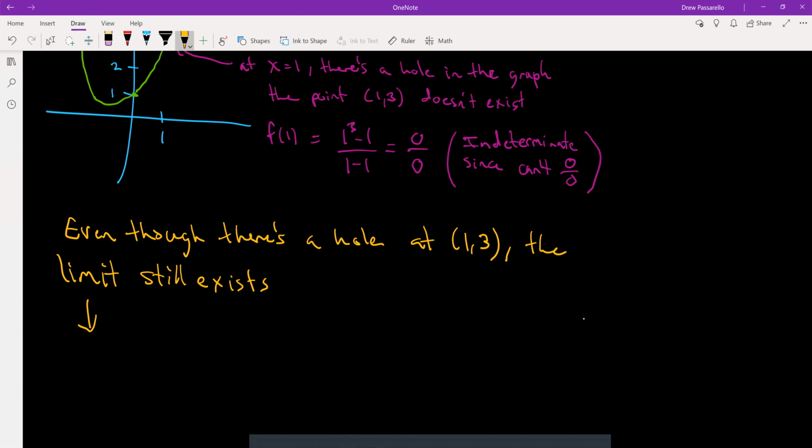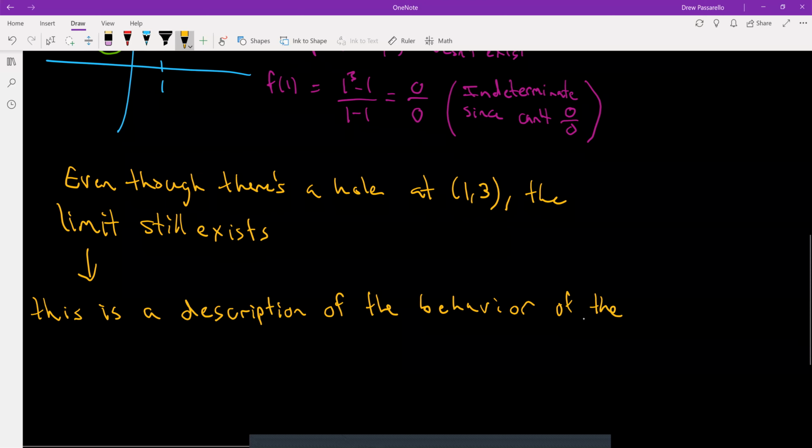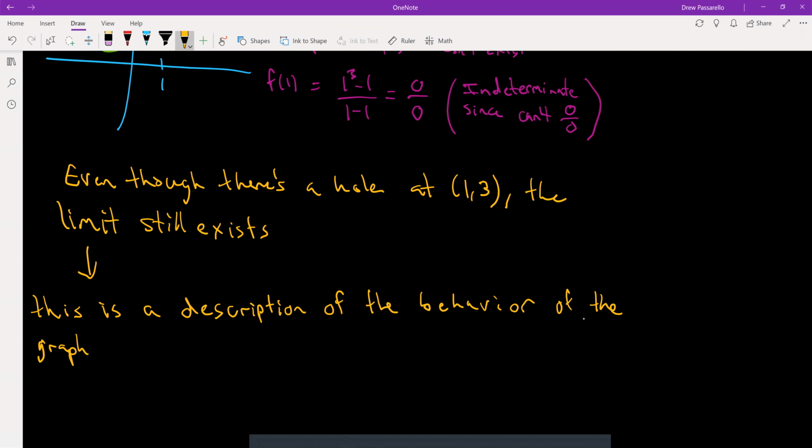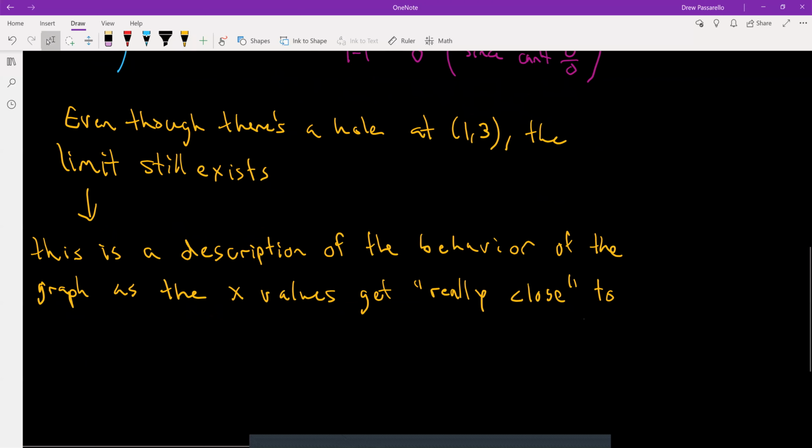Because the limit is a description of the behavior of the graph as the x values get, and I'm just going to use quotes, really close to some particular x value, some static x value that's fixed.